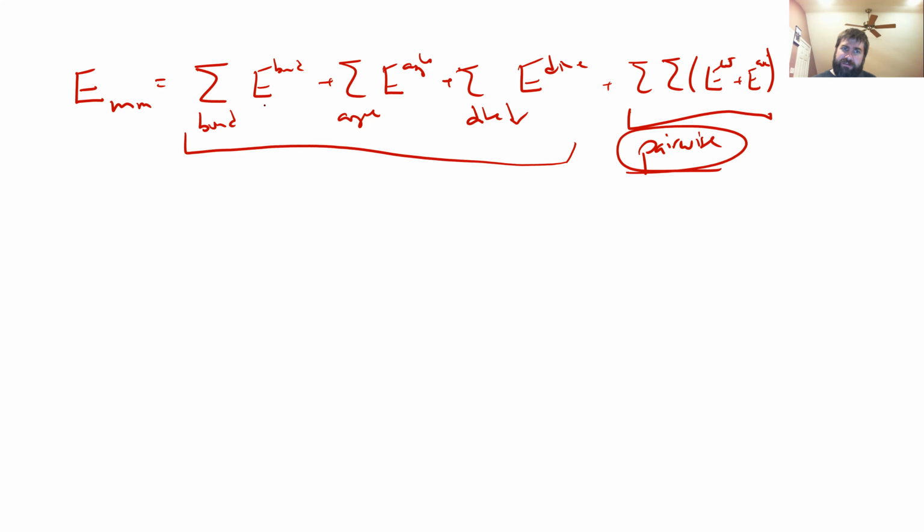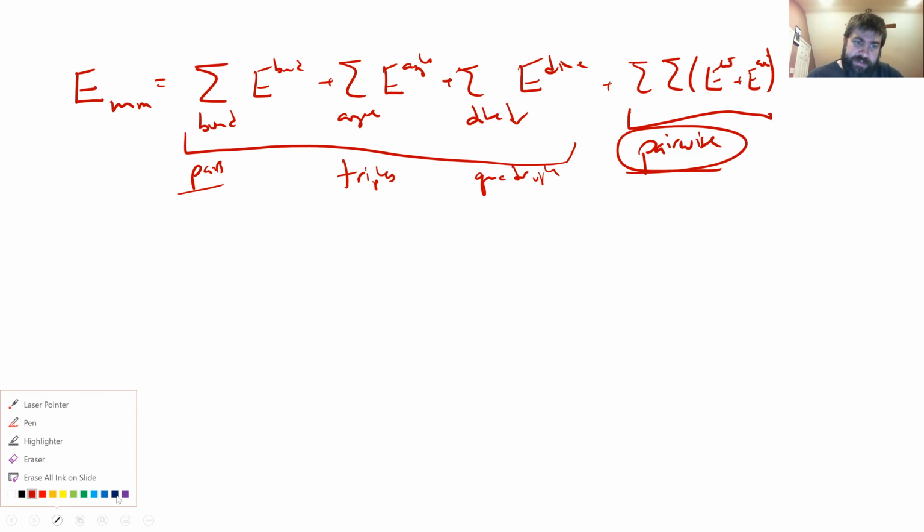The bond term does involve pairs of atoms. The angle term involves triples of atoms. The dihedral angle term involves quadruples of atoms. But we also have to remember protein structure and the fact that a protein has a backbone, and in protein design, the backbone is typically fixed.